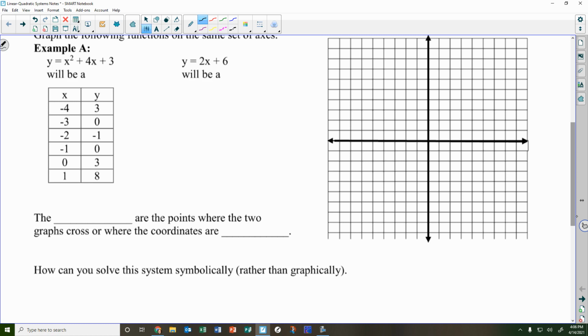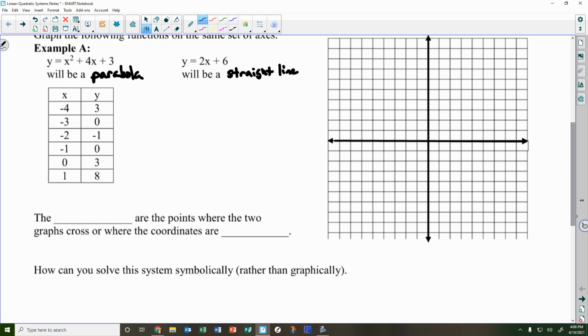So the first example, example A, says y equals x squared plus 4x plus 3, which will be a parabola. And then y equals 2x plus 6 is a straight line. This is your linear line.